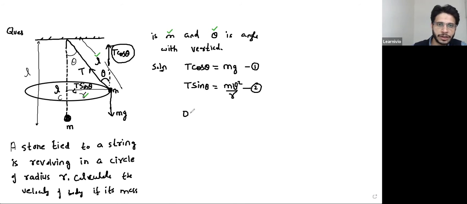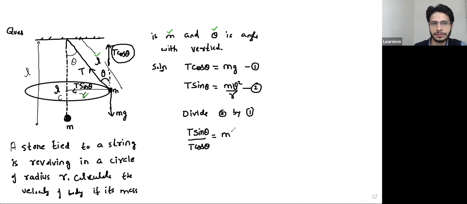The next thing is you can divide 2 and 1. When you divide 2 by 1, this is T sine theta divided by T cos theta is mv square by r by mg.